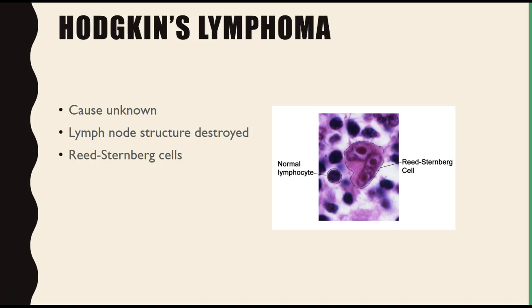Hodgkin's lymphoma is commonly seen in younger populations, age groups 15 to 30 years of age, and then it also shows up in older populations over the age of 55. So those two age ranges is where you're going to typically see a higher incidence of Hodgkin's lymphoma.